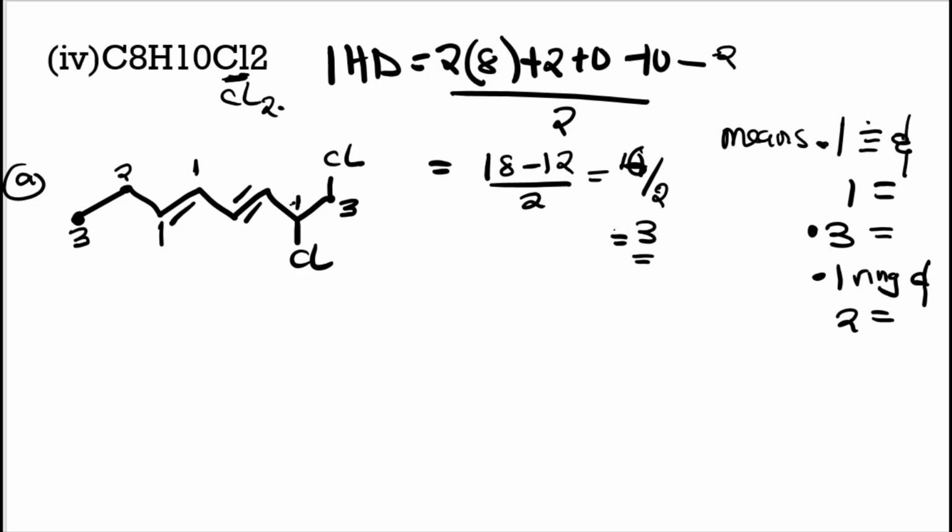Here it's supposed to be 2 hydrogens, because this carbon here is connected to the other 2 hydrogens. So 2 plus 1, 3, 4, 5, and then the other 5 here. So 10. The hydrogens are 10 here.